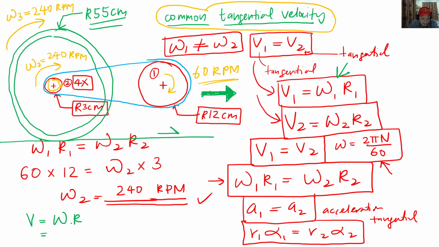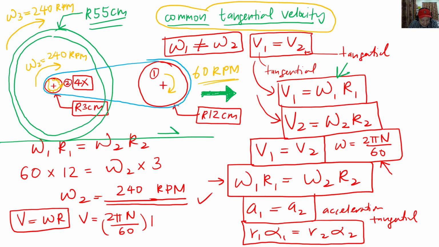So V is equal to omega r, so V is equal to 2 pi n over 60 times radius. Now you can do it.